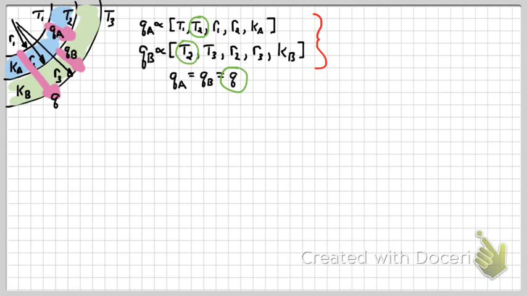So if QA equals QB, which equals just the heat rate through both cylinders, that gives me one unknown, and T2 is my second unknown. I can equate QA to QB and solve for T2, which will be a function of T1 and T3, known quantities, R1, R2, and R3, which are known quantities, and KA and KB, which again would be known quantities.